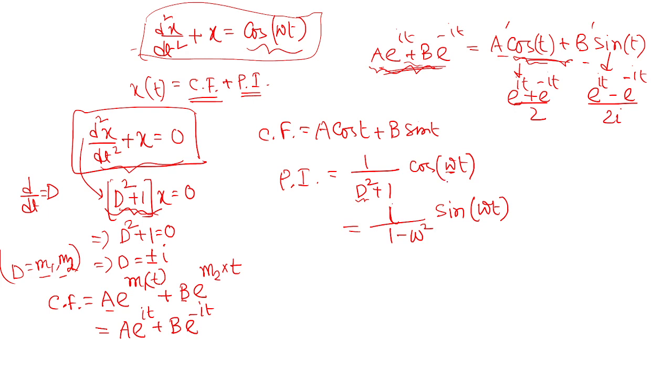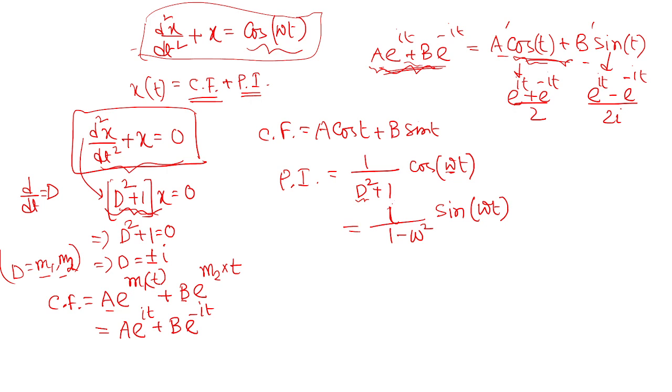This cosine of omega t, this should be the derivative. Is this okay, or should it be something else? Okay, let me just check the formula for how to solve this kind of particular integral. Another way of deriving it is available.